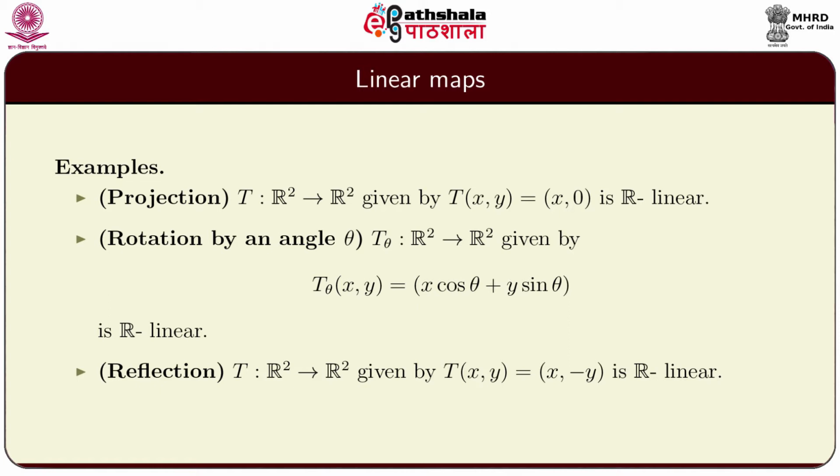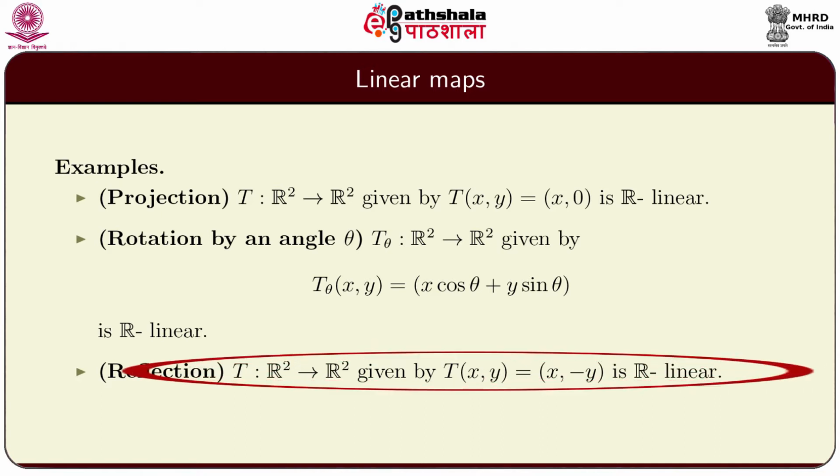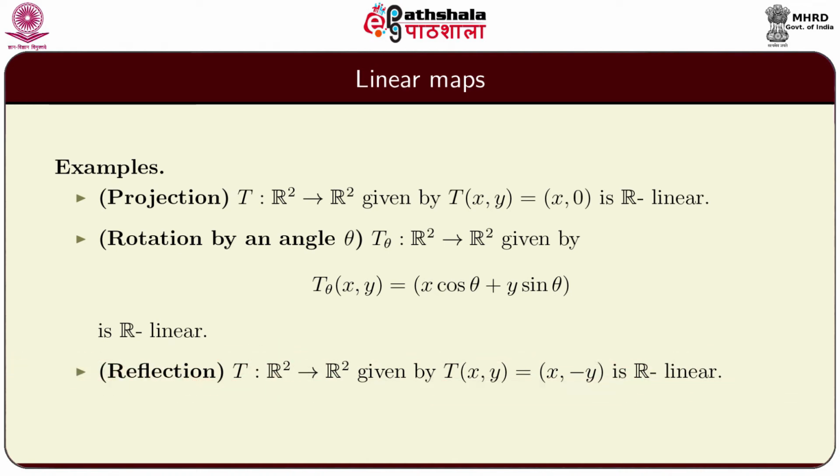The third example is the reflection operator T from R^2 to R^2 given by T(x, y) = (x, -y). This is also R-linear, and this is reflection with respect to the x coordinate.